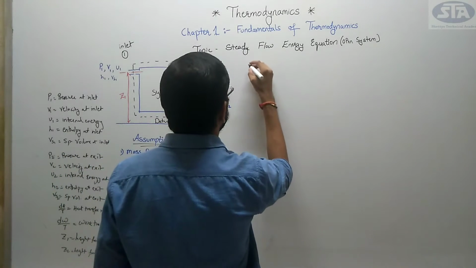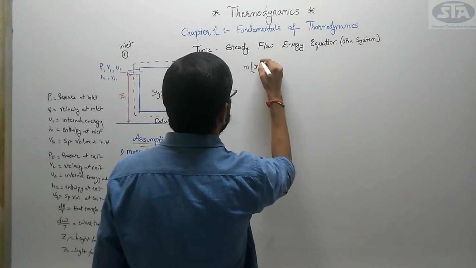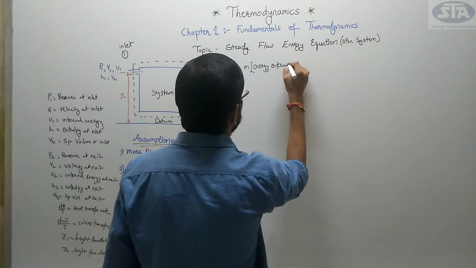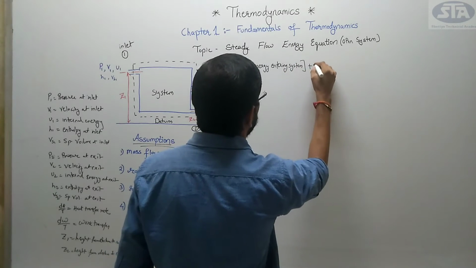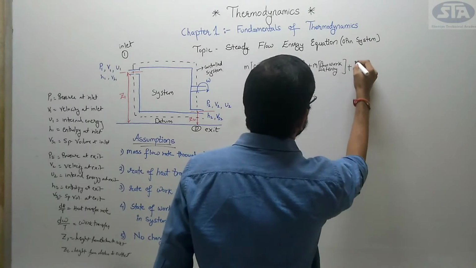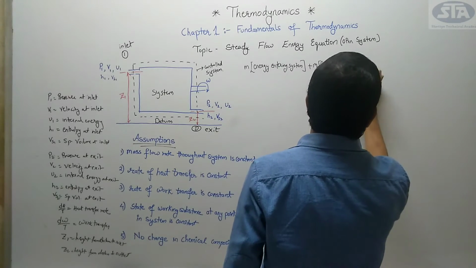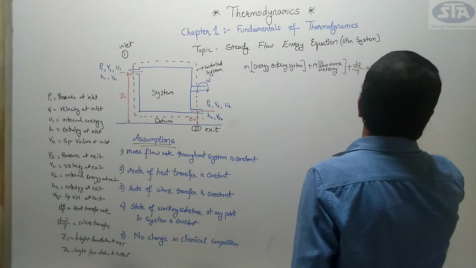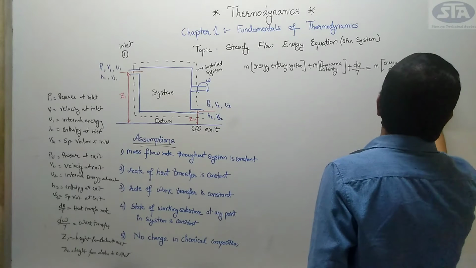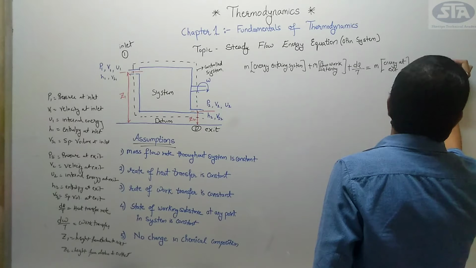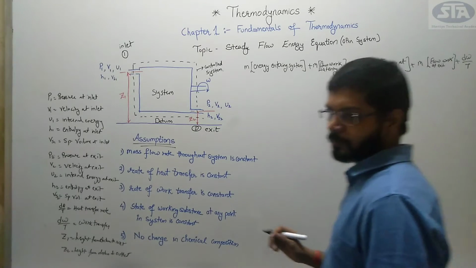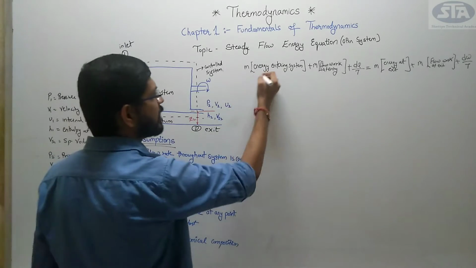Okay, what I have told you: mass into energy entering the system, plus mass into flow work at entry, plus heat transfer rate that is dq by dt, is equivalent to mass of energy at exit plus flow work at exit plus work transfer rate. Right?